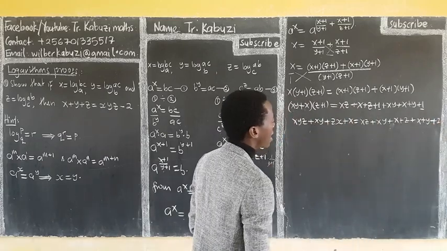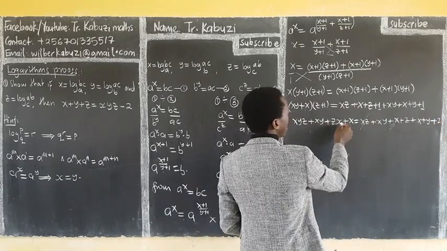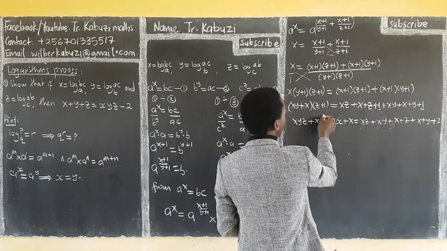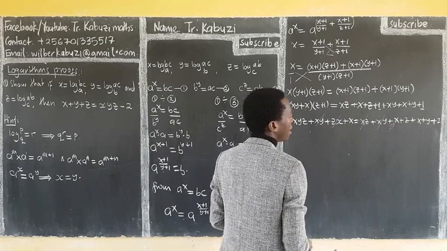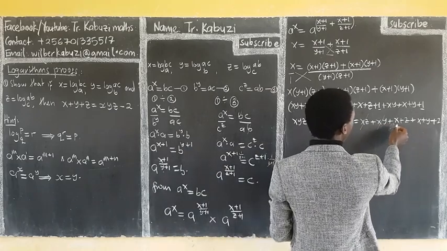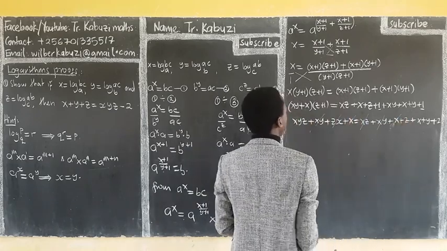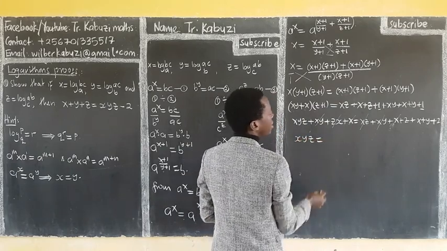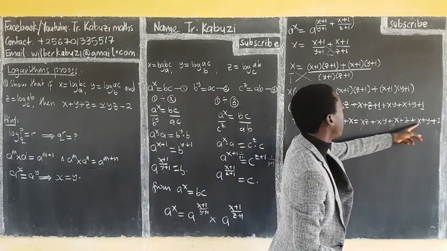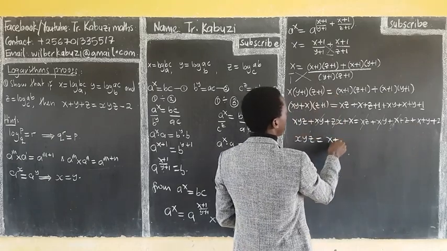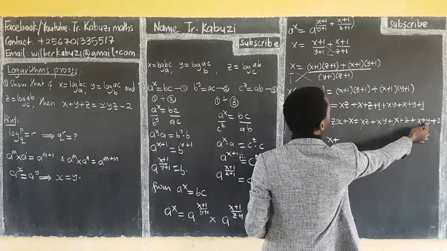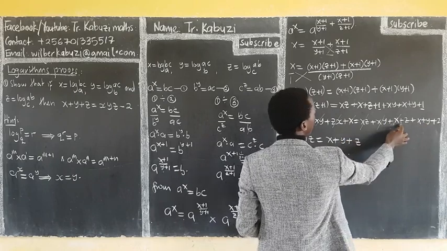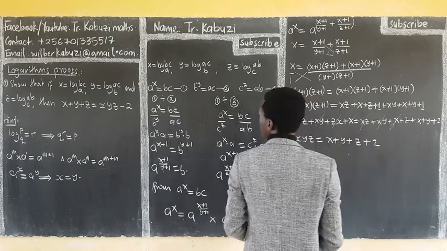Now we see some things cancelling. So this xz is cancelling with xz. xy is cancelling with xy. You see that also our x is cancelling with that. So this side we have xyz, equal to this side we have x plus y plus z plus 2.